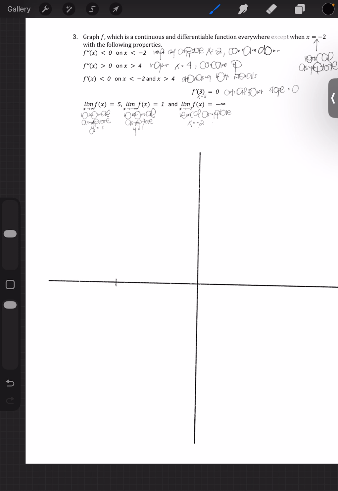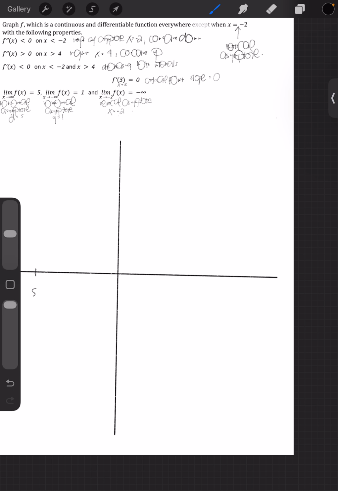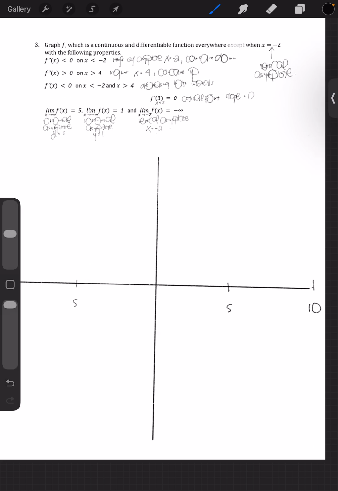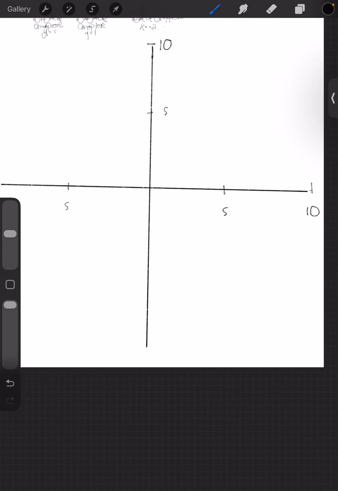I'm gonna do 5, and I'm gonna do 10. 5 again, and another 10. And same here, 5, 10, and 5, and 10.